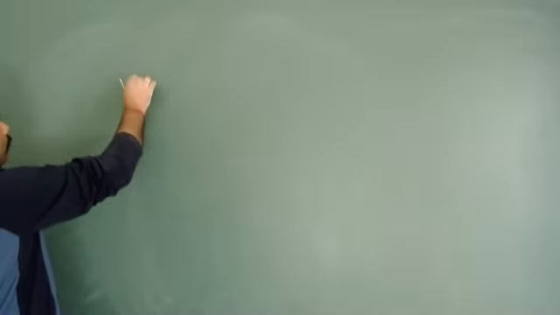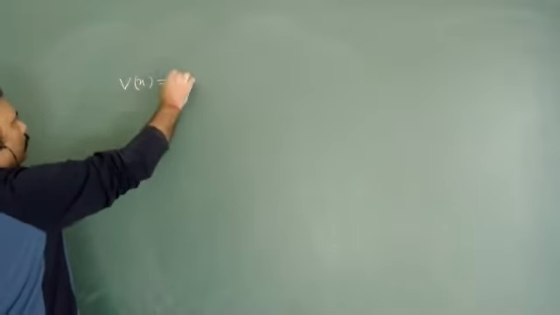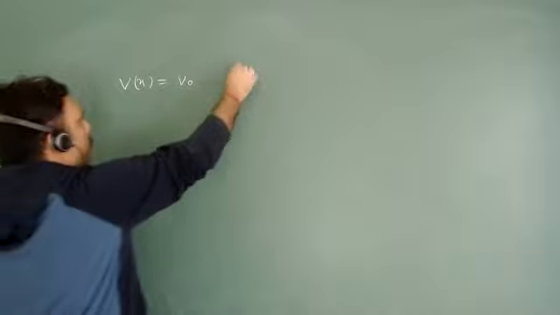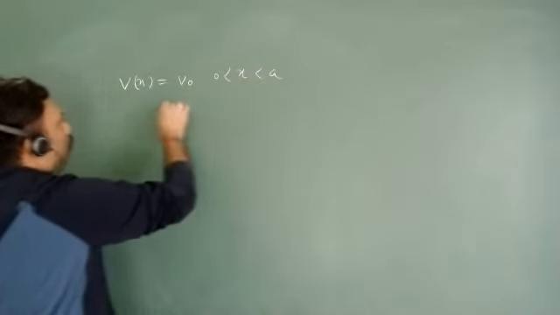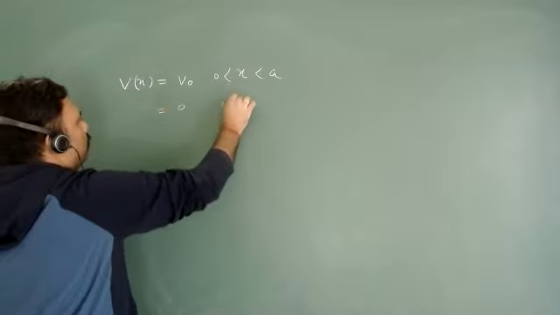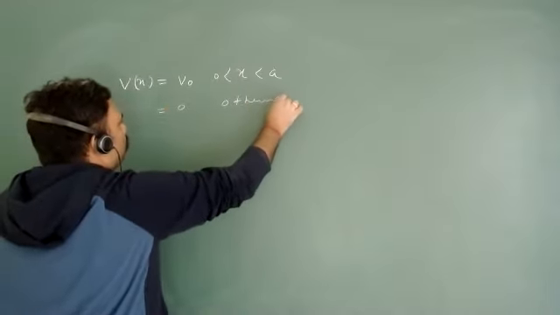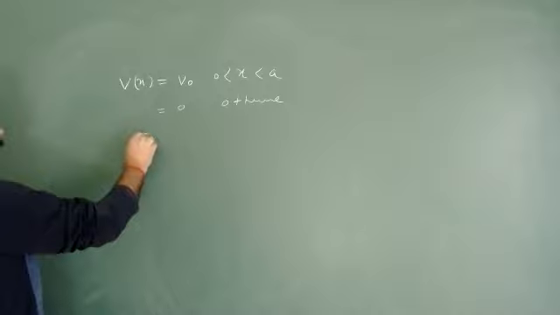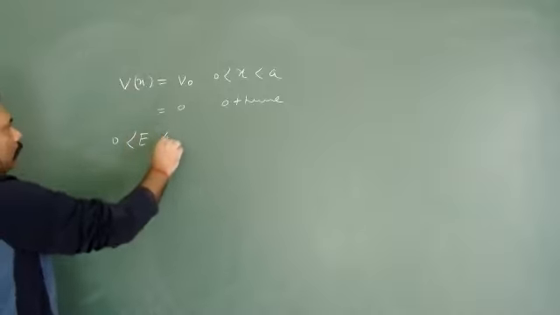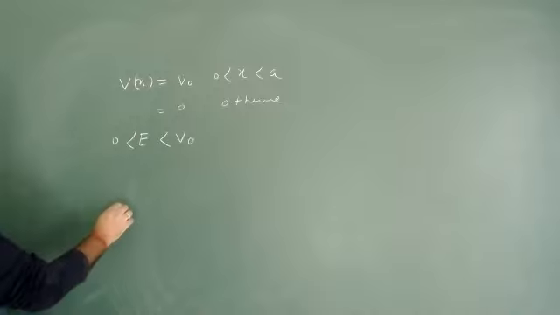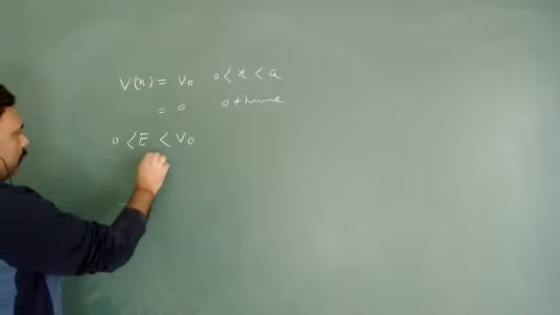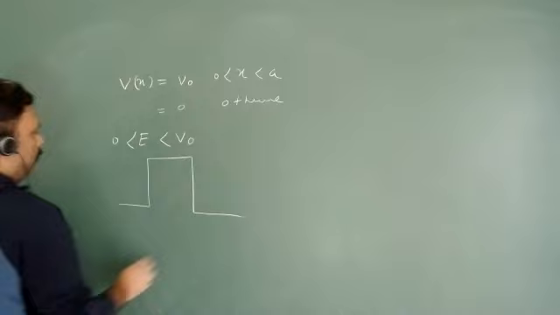So we have Vx equal to V naught, where x is between 0 and a, and 0 otherwise. And I have my energy between 0 and V naught. This is my energy, so I have my potential something like this. Okay.